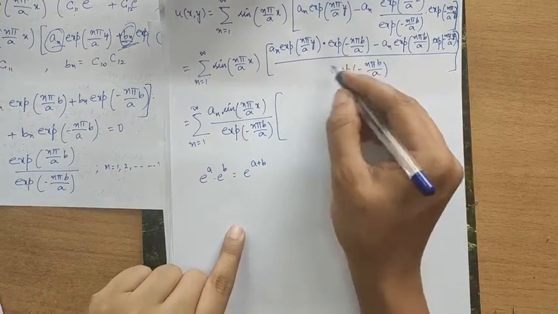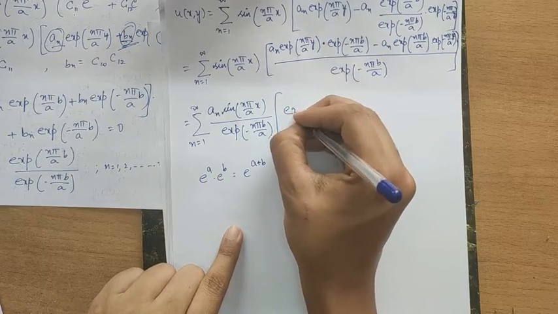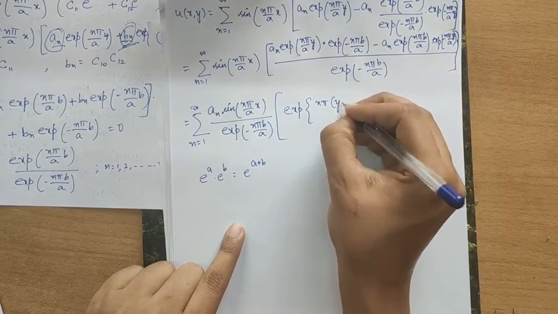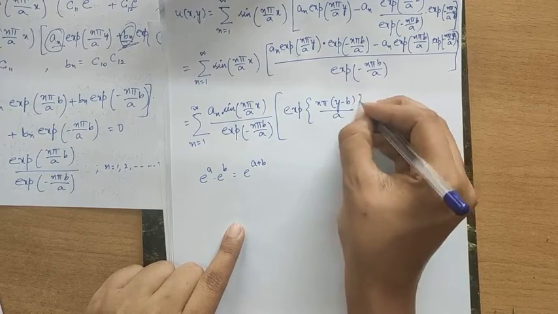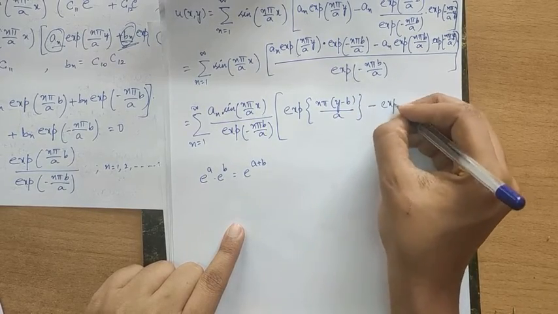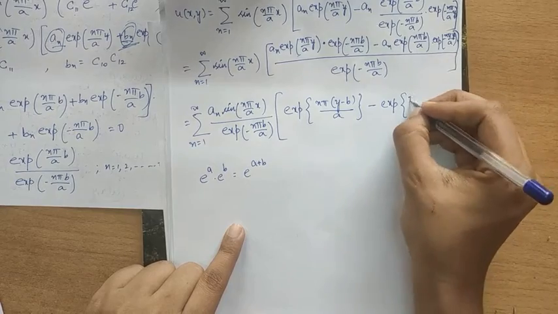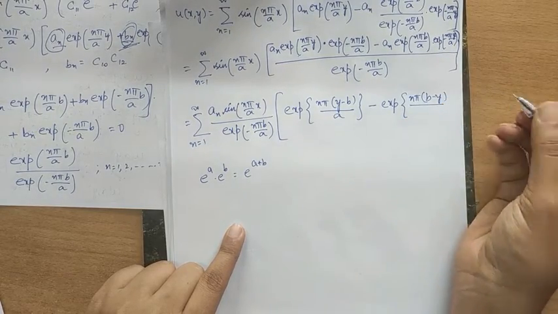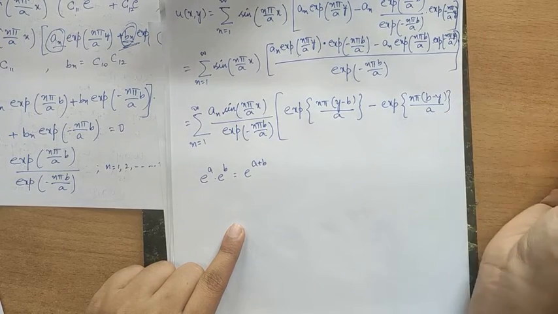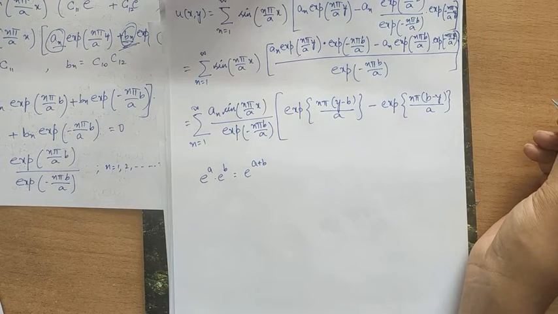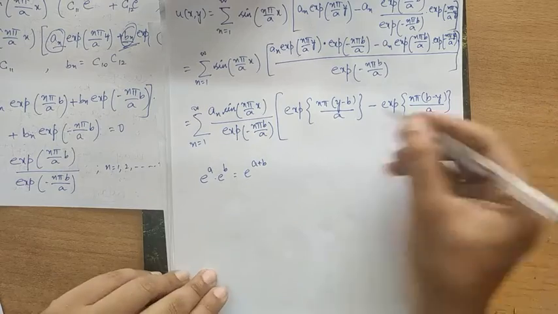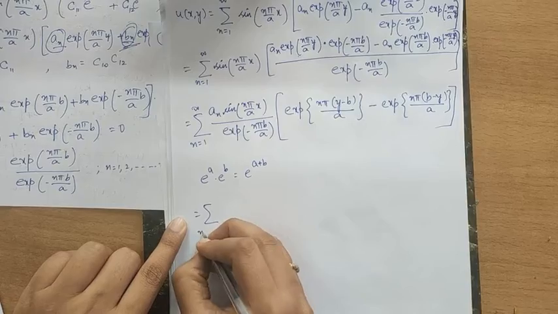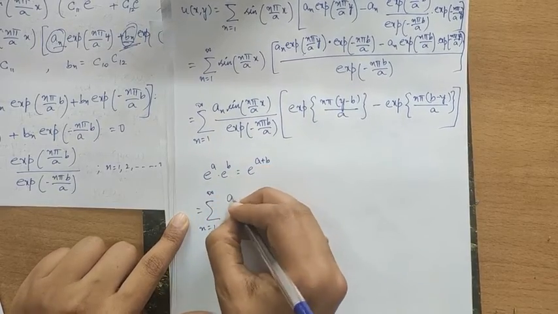So using this you can write this as exponential of n pi into y minus b by a minus exponential of n pi into b minus y by a. Okay, so this is again nothing but n is equal to 1 to infinity an.